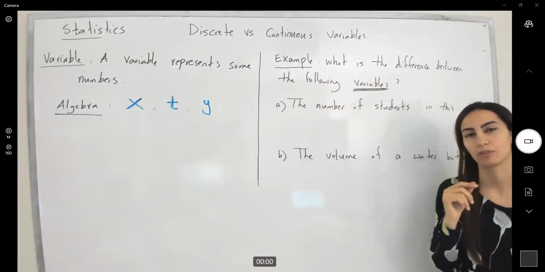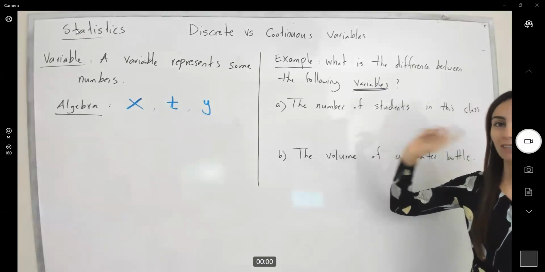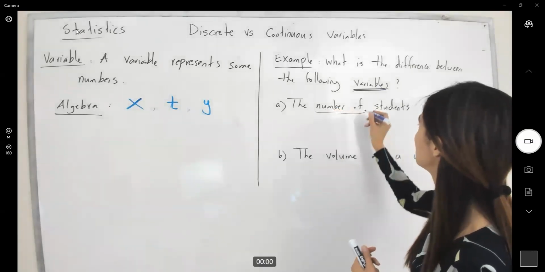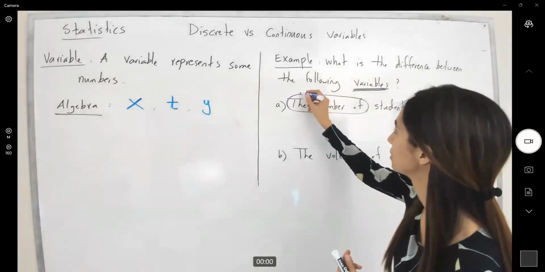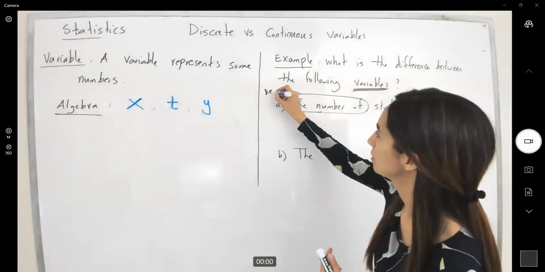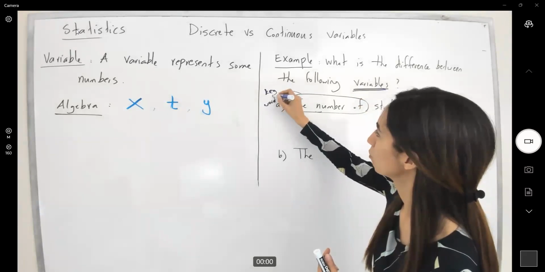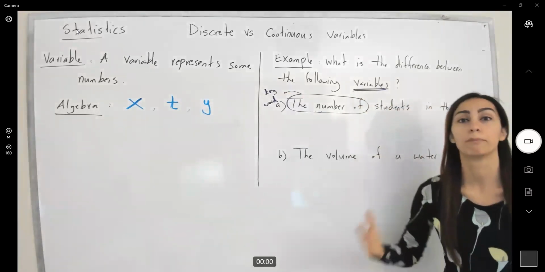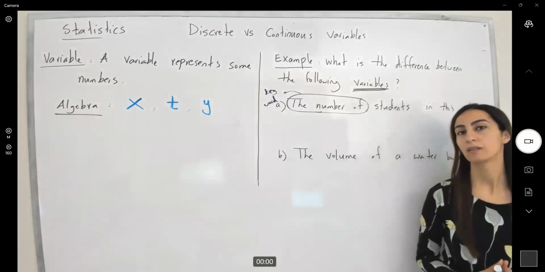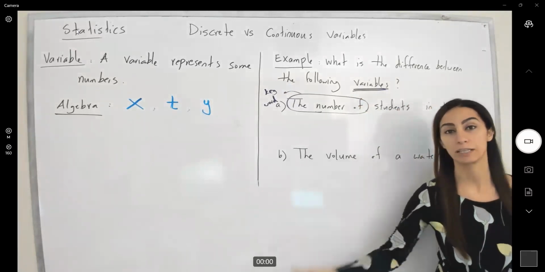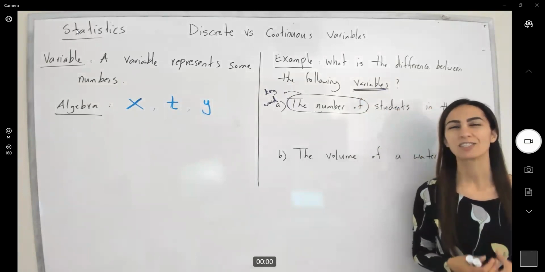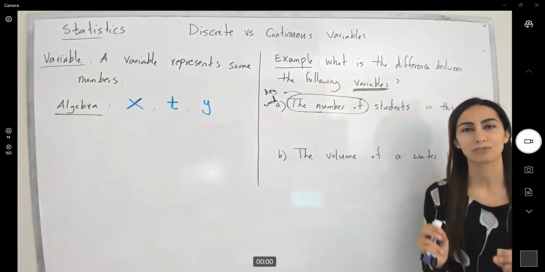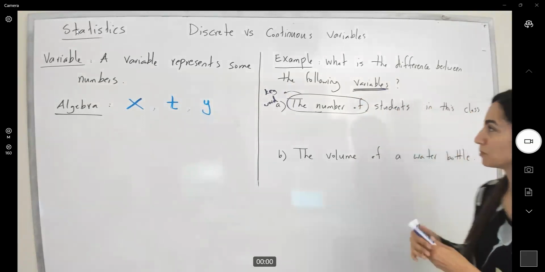The keyword is "the number of": the number of students, the number of books in my library, the number of chairs in this room. These are all examples of countable or discrete variables.